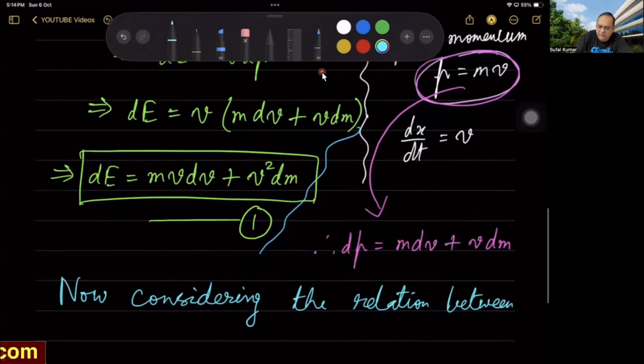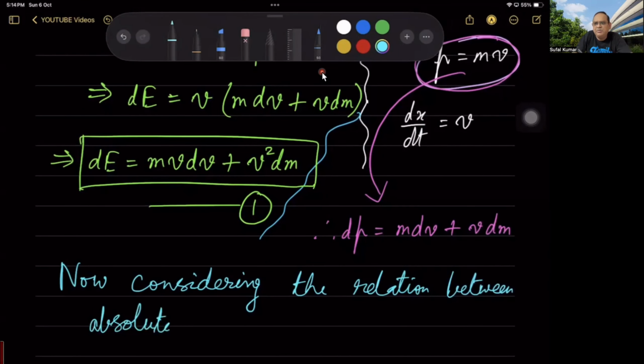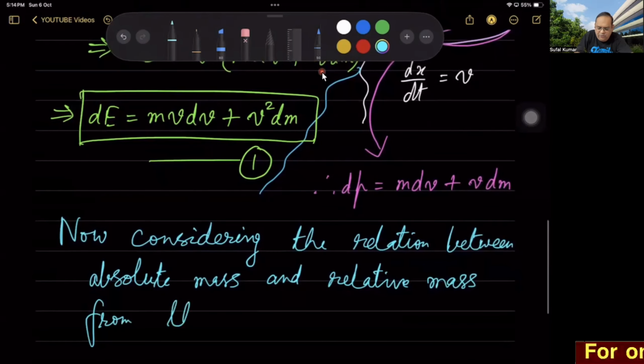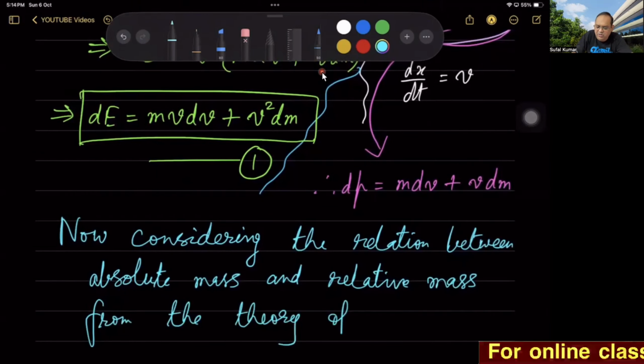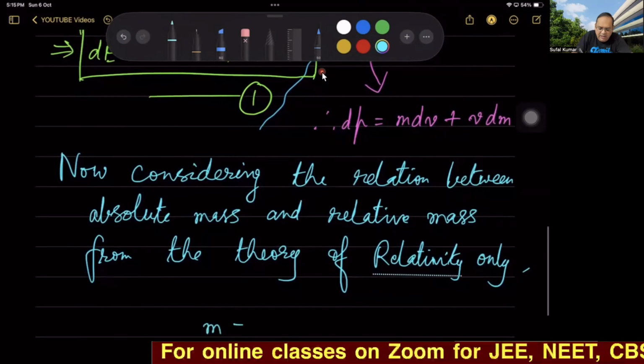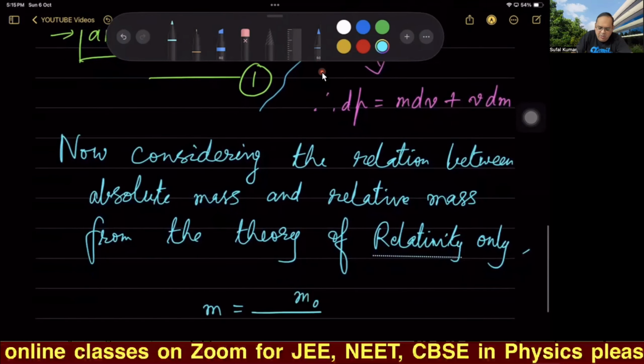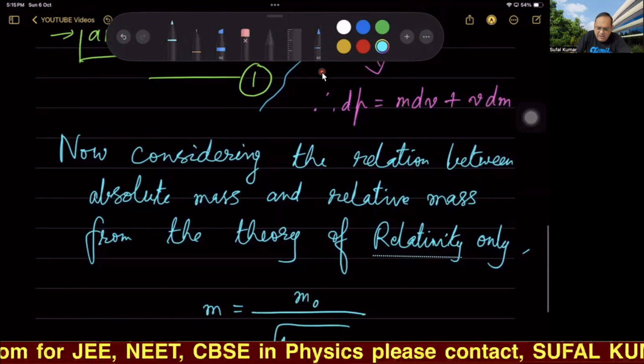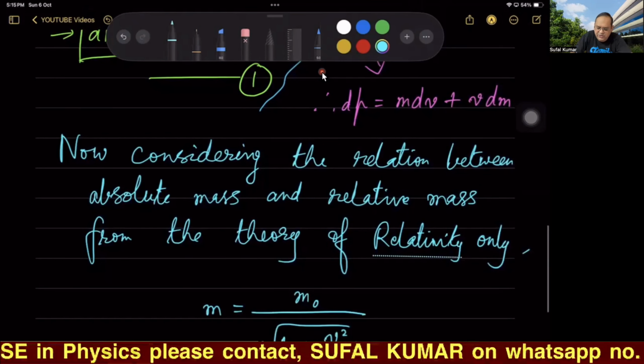Now the relation between absolute mass and relative mass from the theory of relativity. The relation being m is equal to m naught root under 1 minus v square upon c square.